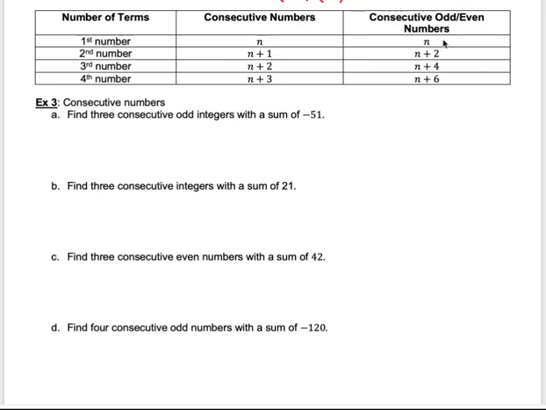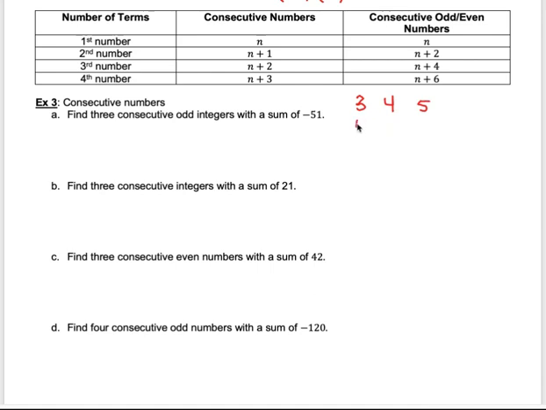If it says that we have consecutive odd or even numbers, we're going to skip one. So what we're doing is we're adding 2 every time we're adding a new number in. And so let's think about some examples. So if I have 3 consecutive numbers, maybe I have 3, 4, and 5.